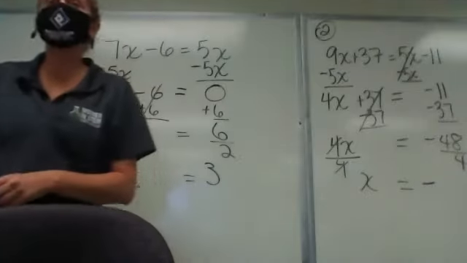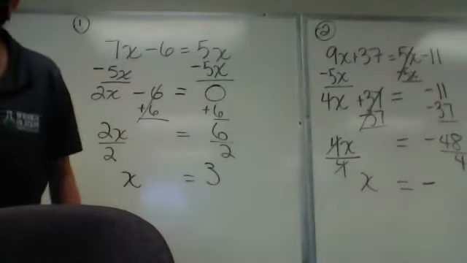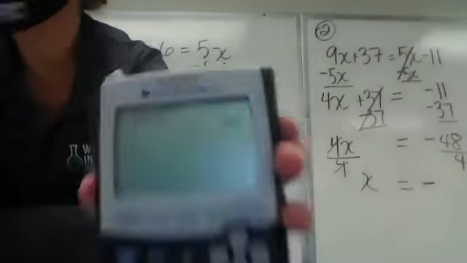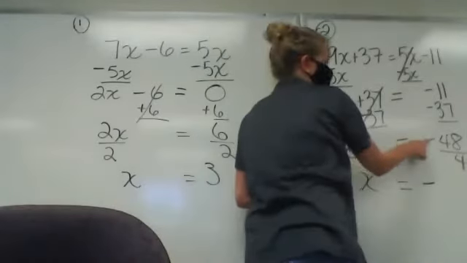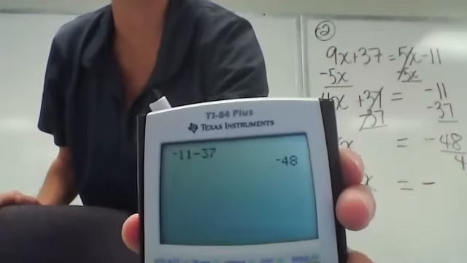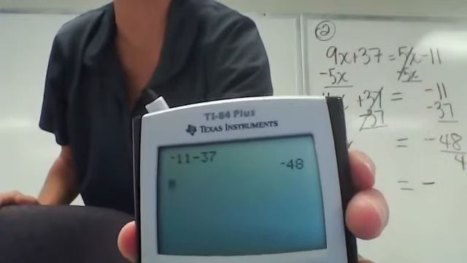And again, if you're not sure, punch that in your calculator. Look, negative 48 was my last answer in my calculator from doing this part. So that's my last thing in my calculator. Now all I have to tell my calculator is divided by 4.